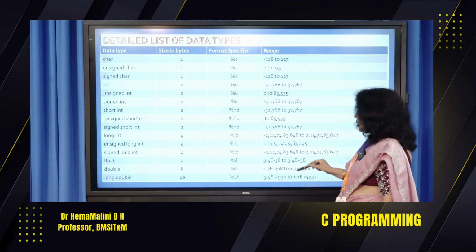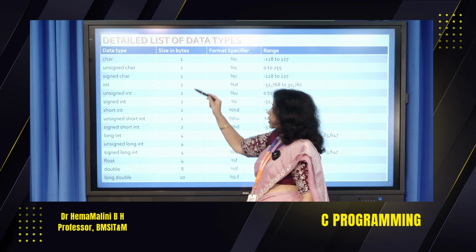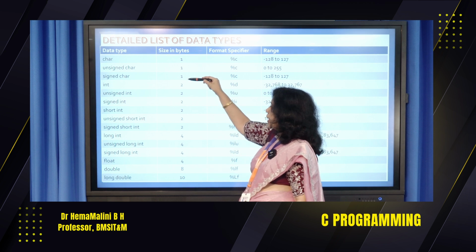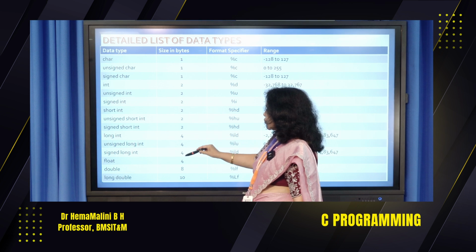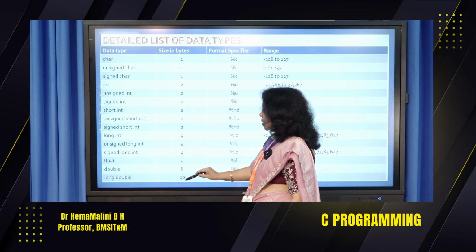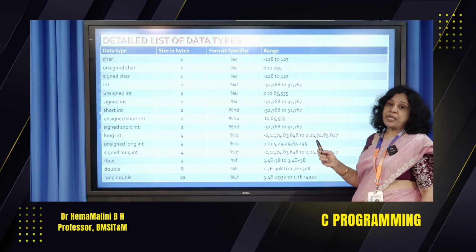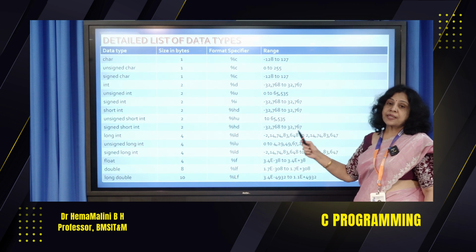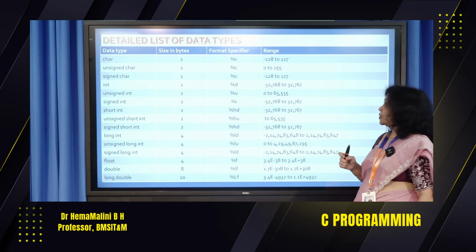And the ranges are given over here, and size in bytes is also given here. Character consumes 1 byte, integer consumes 2 bytes, long int is 4, double is 8, long double is 10 bytes. So this much memory is taken by these data types to store the values.